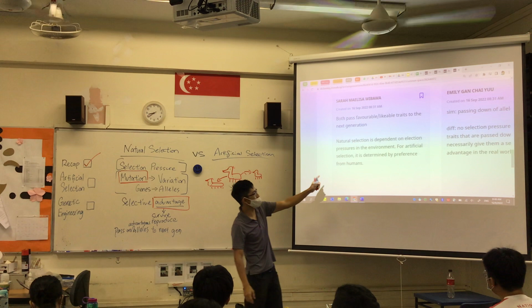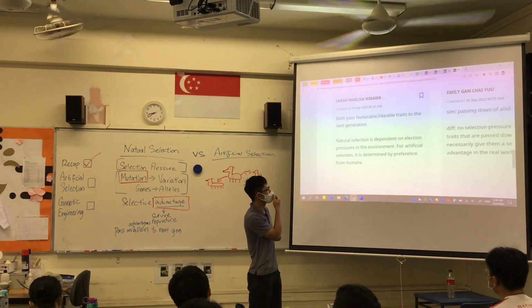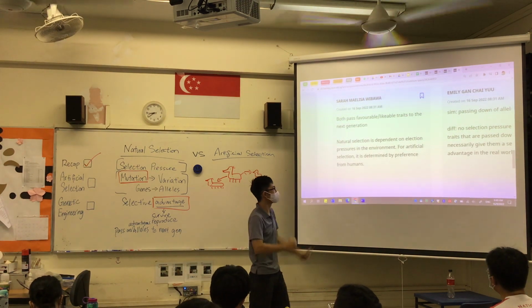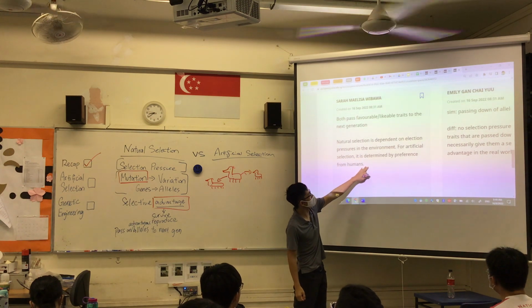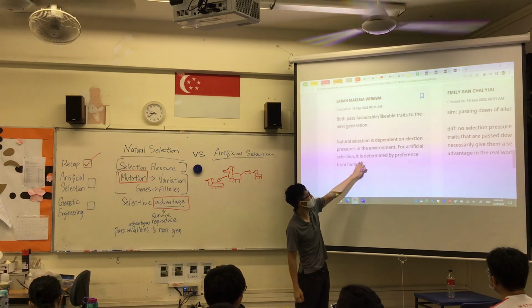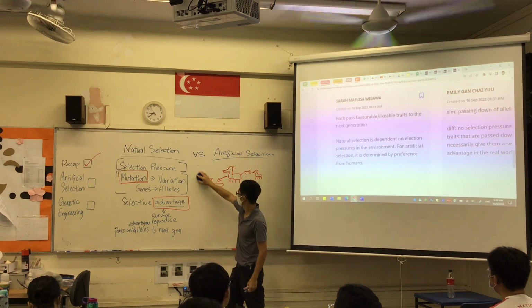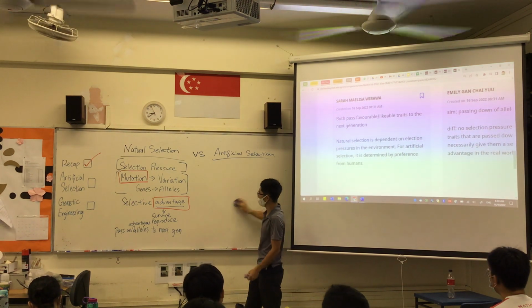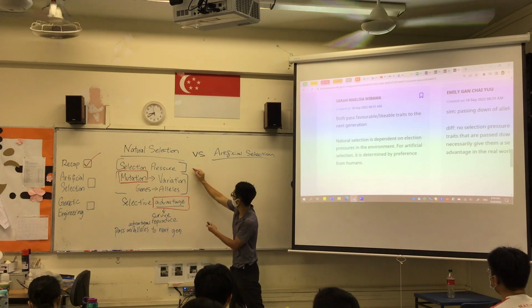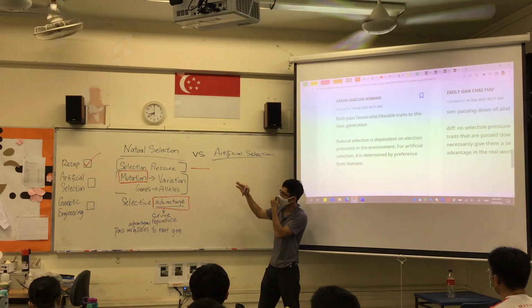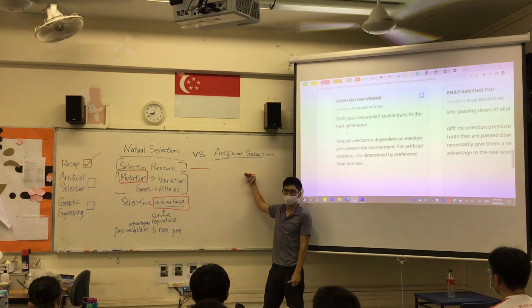Natural selection is dependent on the environment. Right, popularity vote. In the environment, for artificial selection, it is determined by preference of humans. Yeah, humans are the selection preference. Correct. So now, if we think about it, in artificial selection, is there a pressure?